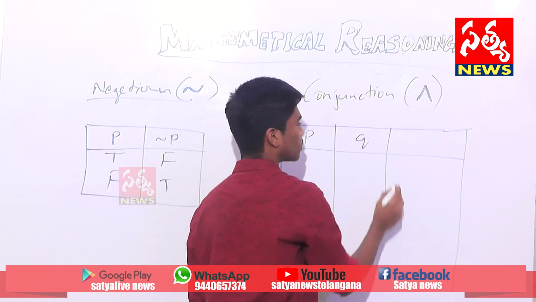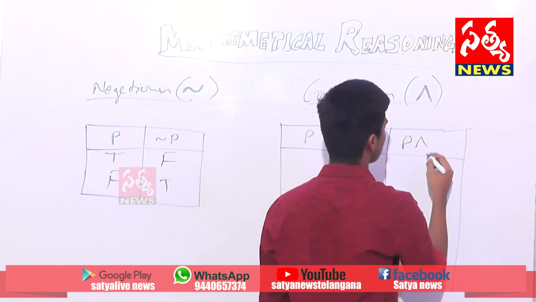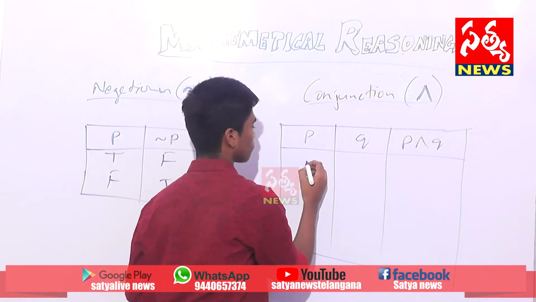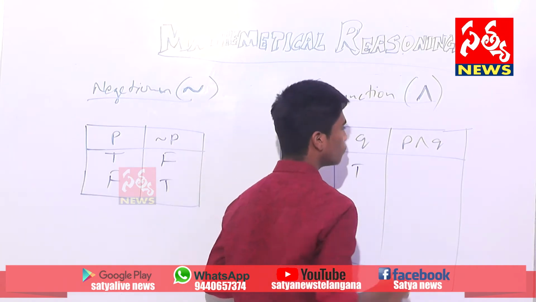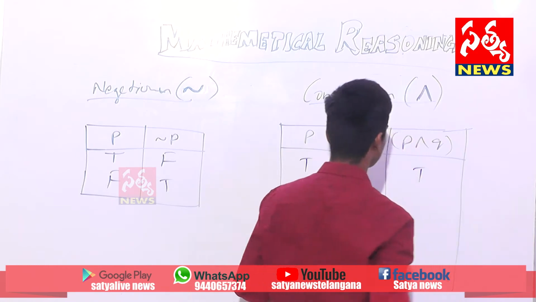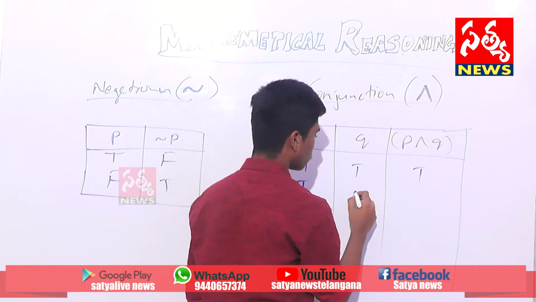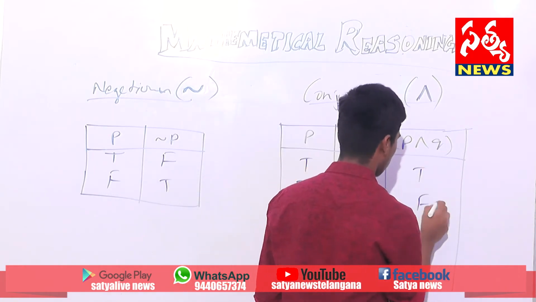If P and Q are two statements, P conjunction Q. Okay? If P is true and Q is true, P conjunction Q is true. Now, if P is true and Q is false, then P conjunction Q is false.